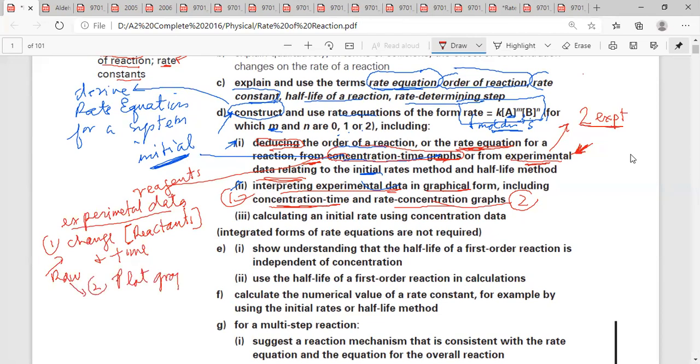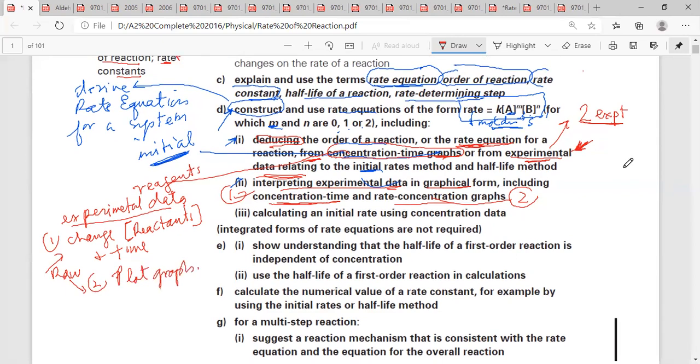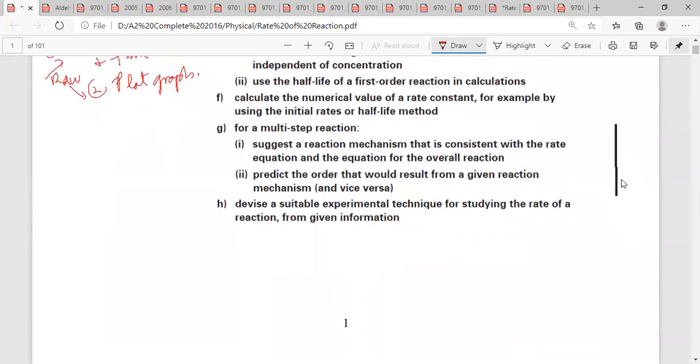Before that, I forgot to tell you that in the last part here, they say, devise a suitable experimental technique for studying the rate of reaction from given information. Here, I told you that two is it. One is titrimetric, where you titrate a certain substance that can be titrated.